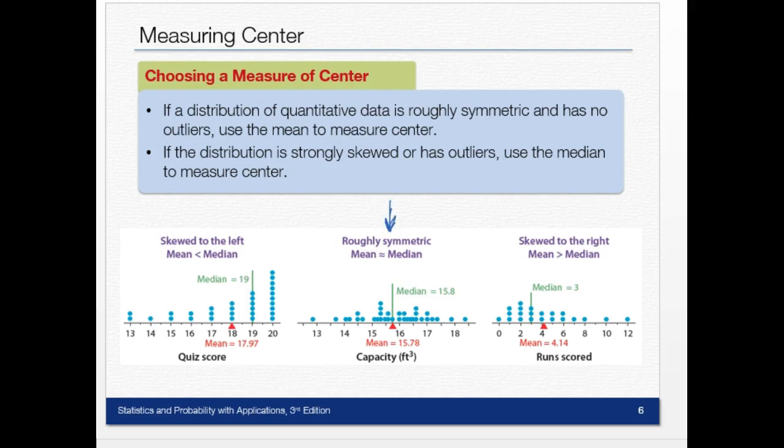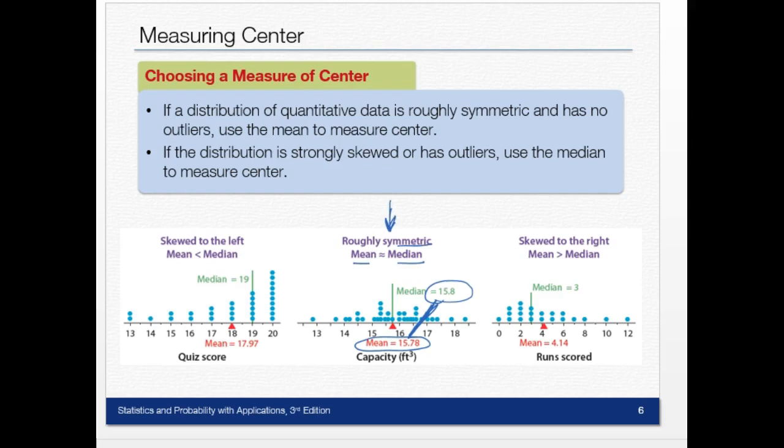This one's a roughly symmetric distribution. Notice the value of the mean, the basic average, is 15.78. The median, if you go old school and line them up from least to greatest and find the middle, is 15.8. Notice that these are almost identical. So mean equals median if it's symmetric.